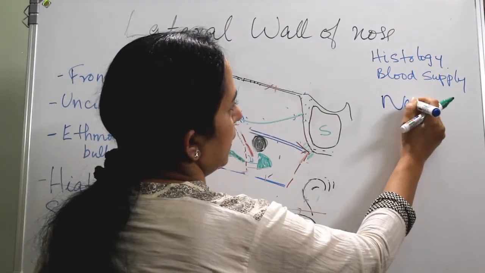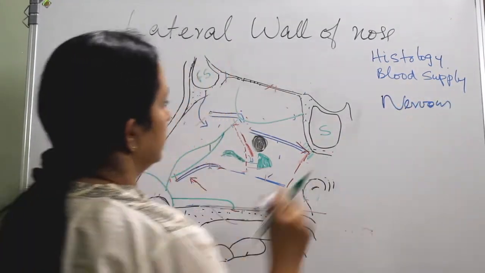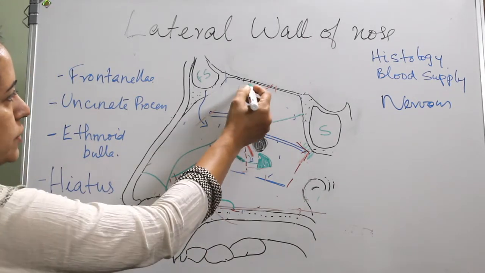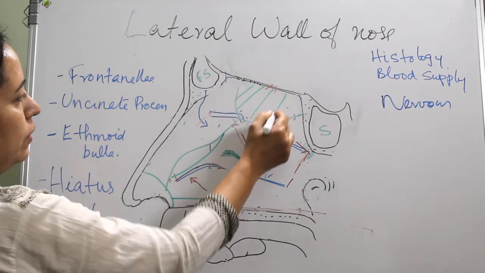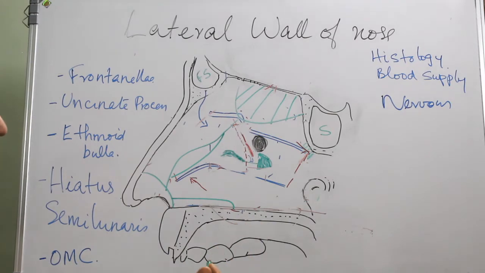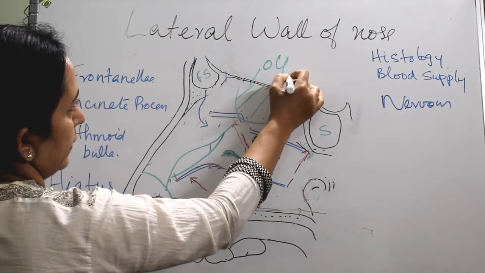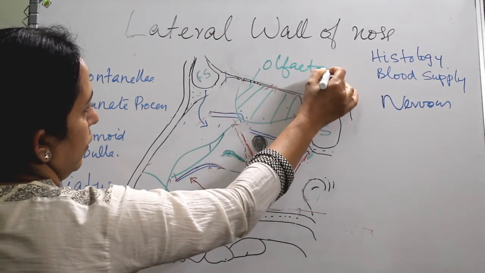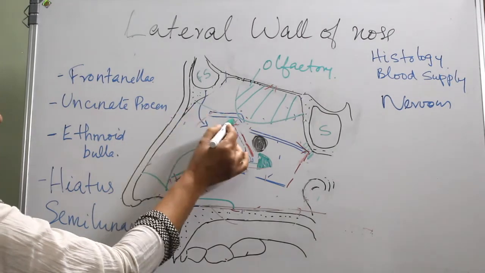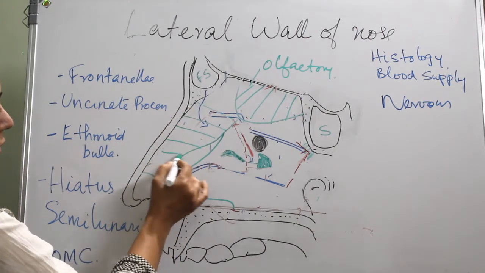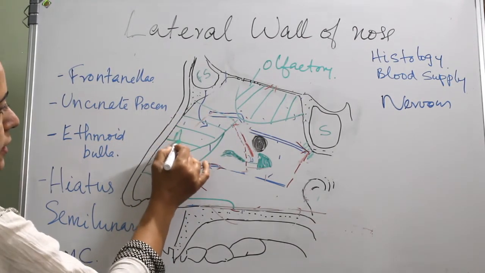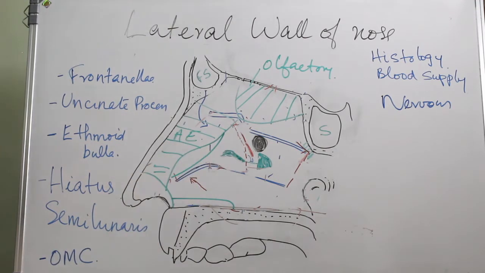In the nerve supply, the superior part of the lateral wall along with the superior turbinate area is supplied by the olfactory nerve, and anteriorly it is supplied by the anterior ethmoidal nerve.